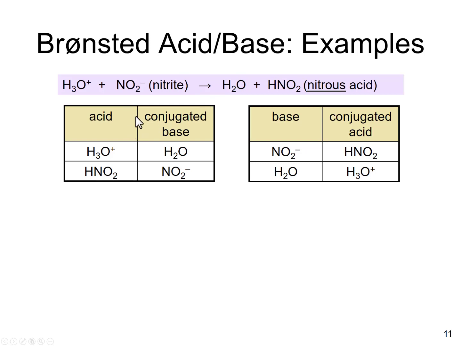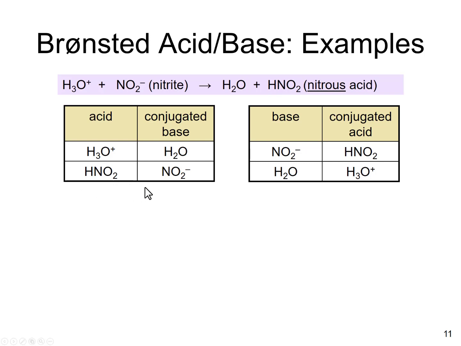Now, if we analyze this very simple reaction in terms of all the acids that appear, then we know that the hydronium cation here is the proton donor on the left side. So it is the acid. On the right side, the proton donor would be the nitrous acid. So we have these 2 as acids, and their conjugate bases are water, and the nitrite anion, which nitrous acid forms after donation of its proton.